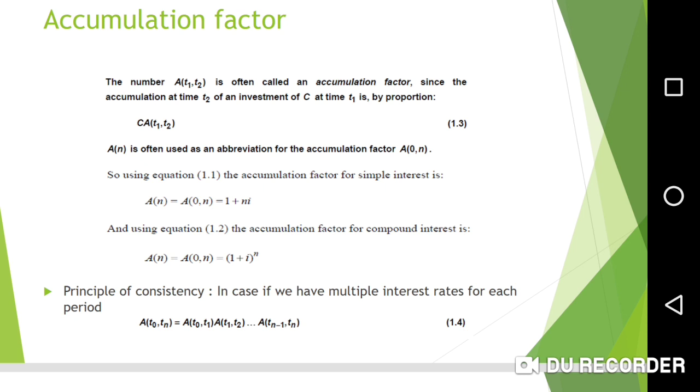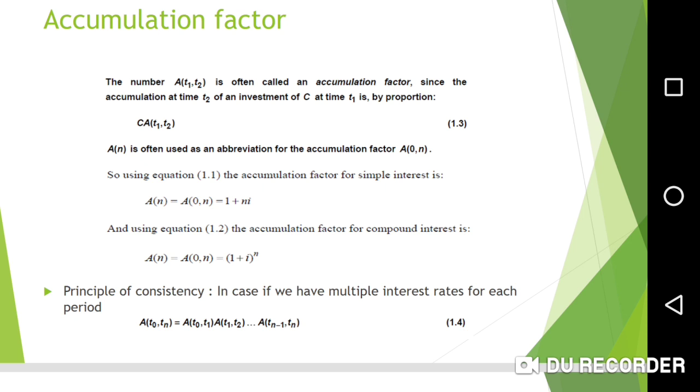Principle of consistency. So what is the principle of consistency? For example, we have different interest rates: 6% in the first year, 7% in the second year and 8% in the third year. The interest earned in 3 years will be the same as if we calculate the interest earned for the first year, then invest the same amount in the second year, then invest the same amount in the third year, and calculate it separately.